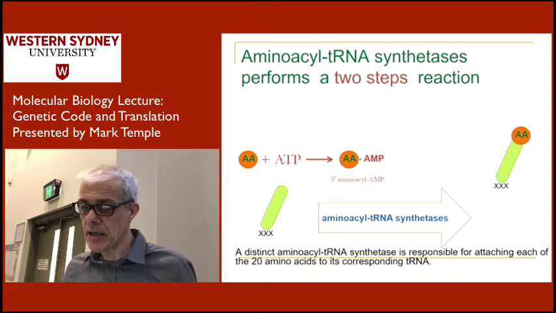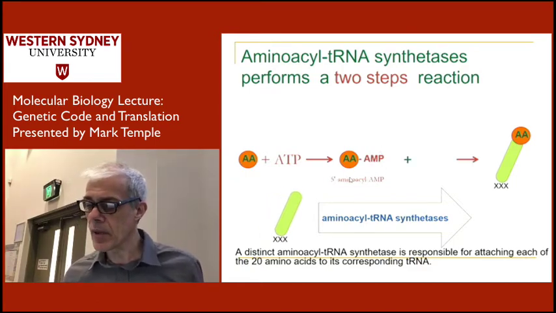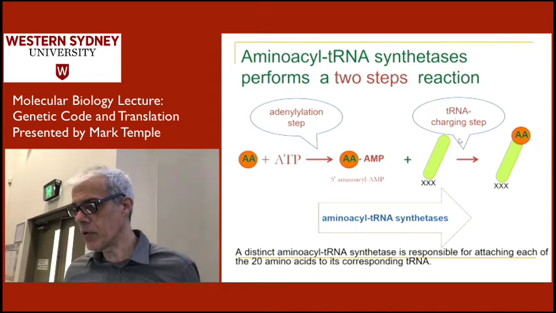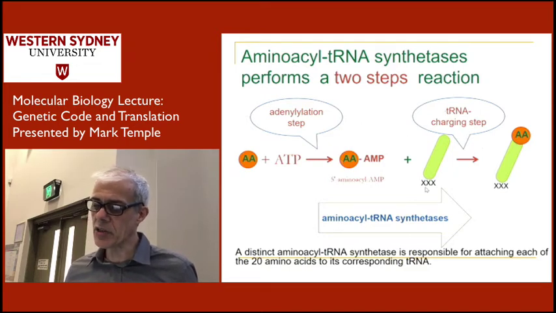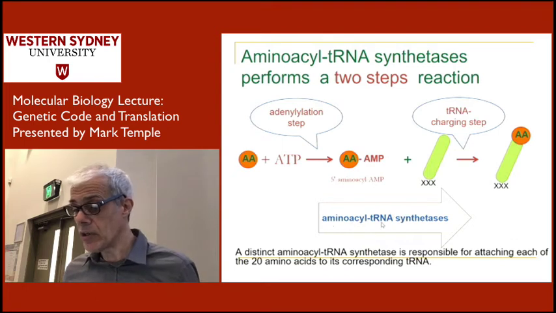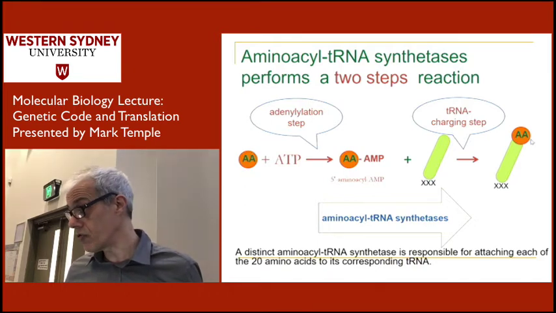So you get the amino acid being covalently bonded to this nucleotide, and then that is attached to a transfer RNA, and then we say that the transfer RNA has been charged because it's got the amino acid attached. So we've got this two-step procedure which is catalyzed by the aminoacyl-tRNA synthetase. And we've got 20 aminoacyl-tRNA synthetases involved in adding 20 amino acids onto these different transfer RNAs.